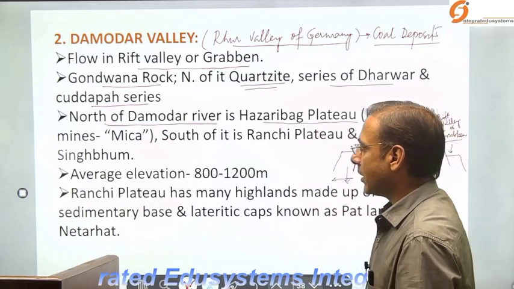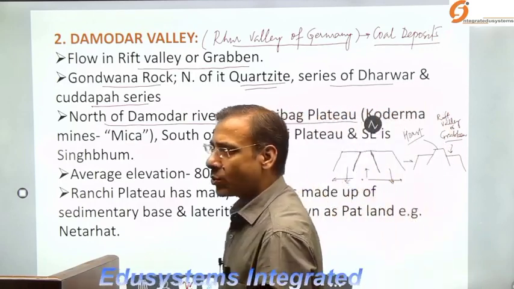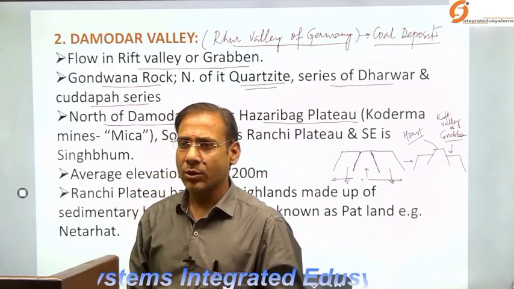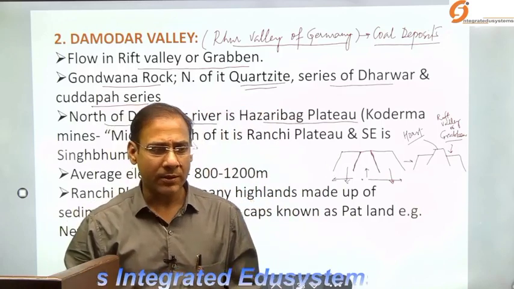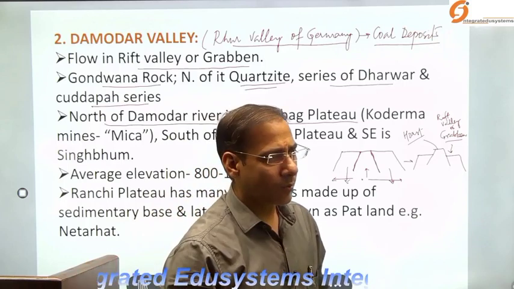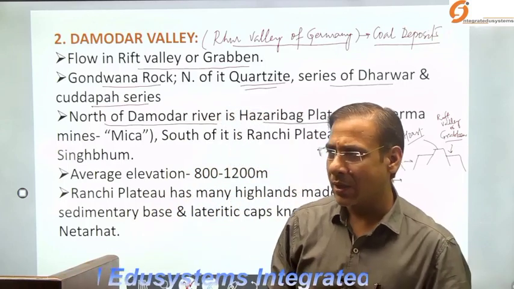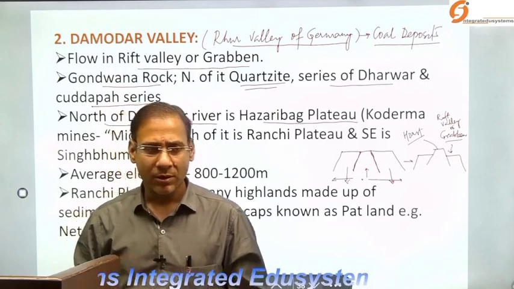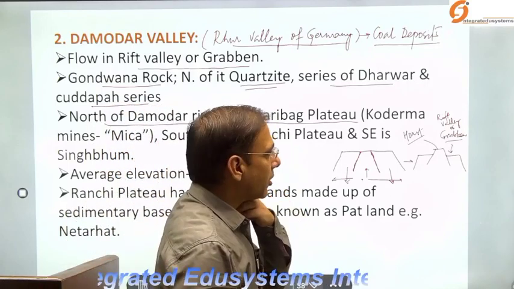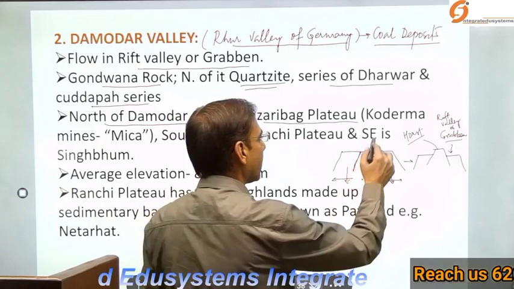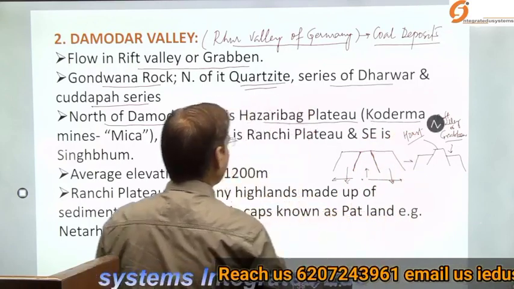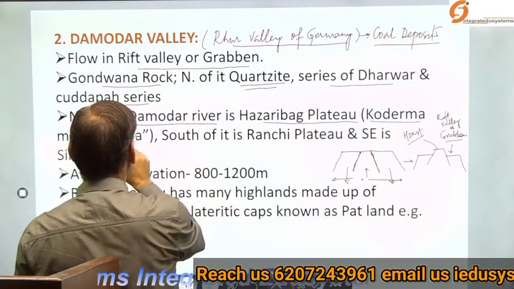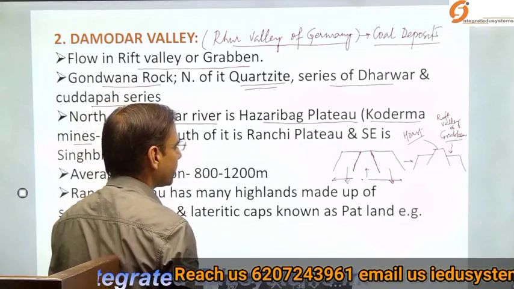Now, the extension of Hazaribagh is Koderma, and Koderma is very famous for mica. Okay. From Koderma to Gaya, there is the largest stretch of mica belt. Okay, so from Koderma to Gaya, this is the largest mica belt. Okay, so Koderma is an extension of the Hazaribagh Plateau.